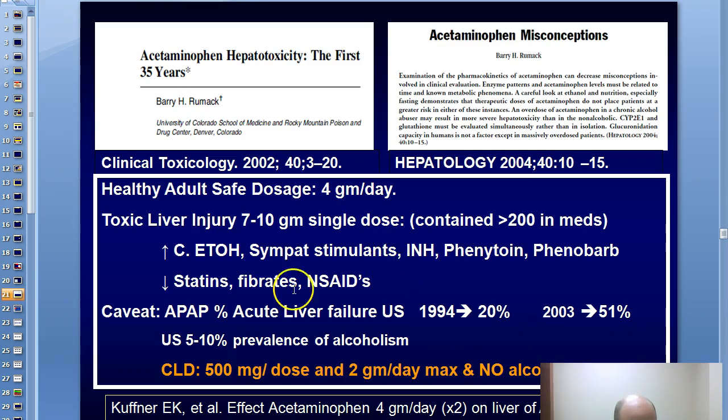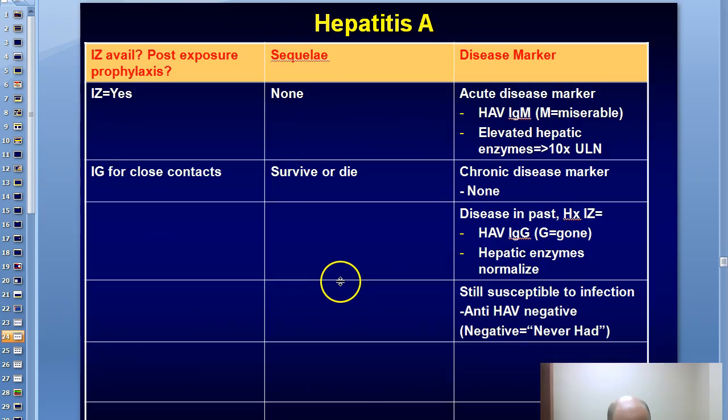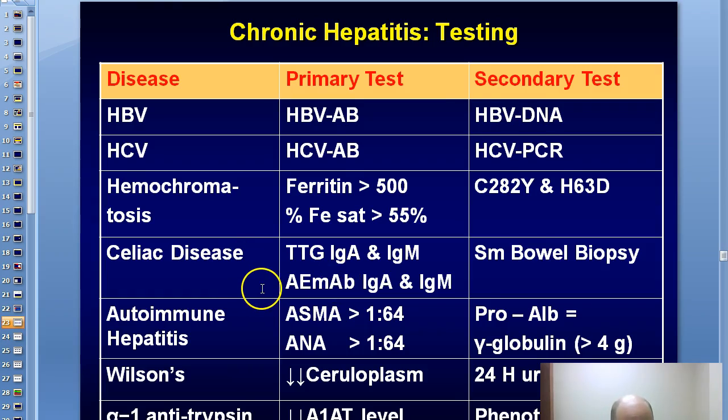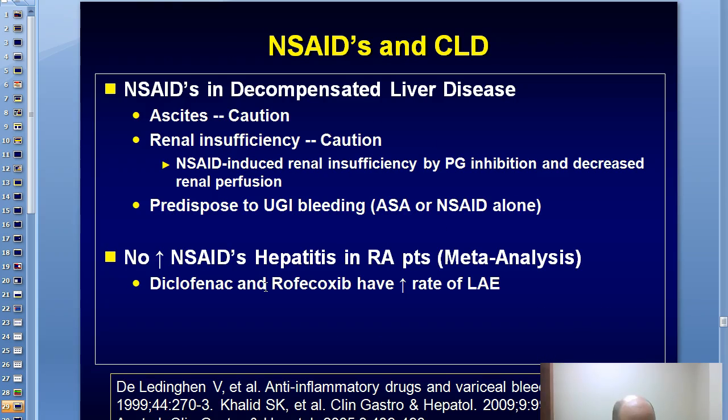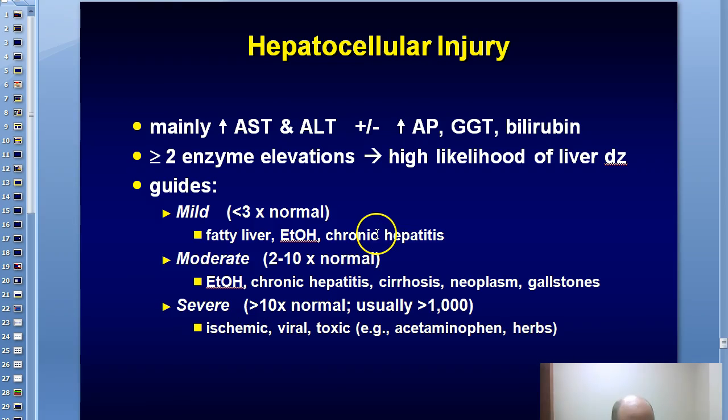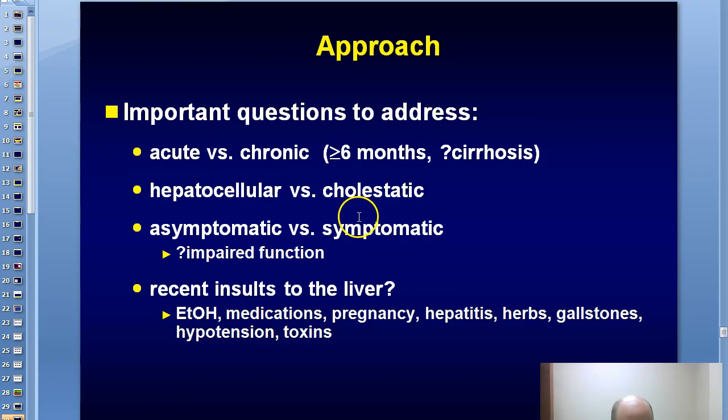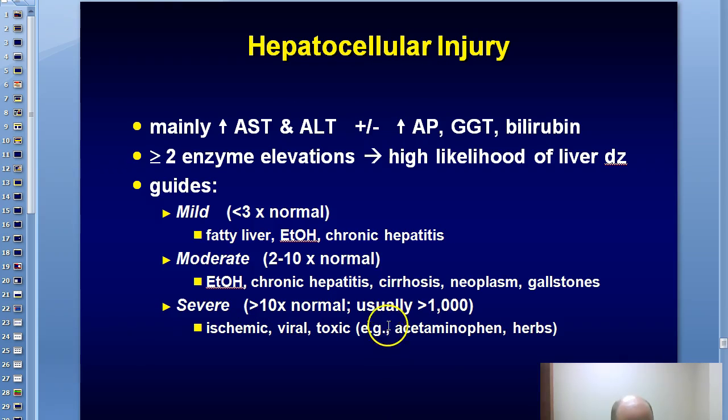Let's talk about Tylenol overdose, toxic liver stuff. This goes over hepatitis, which we just kind of went over. I kind of drew all that stuff out for you. This talks about the use of NSAIDs and Tylenol in the setting of chronic liver disease. Anyway, look at these slides.